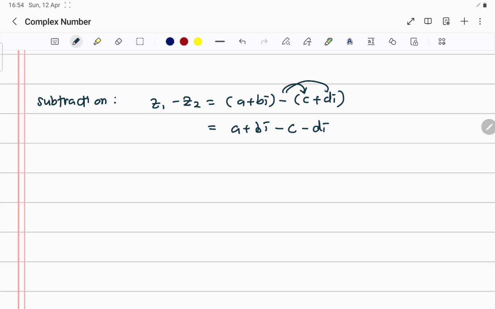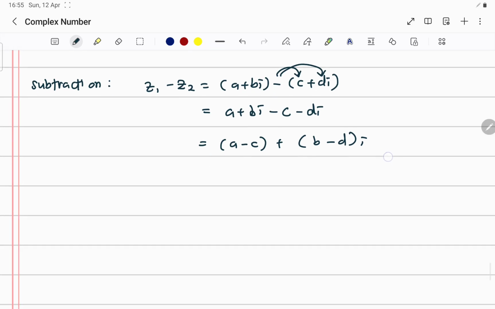Remember to expand it properly with the sign. Then make sure you put the real part together and the imaginary part together as well. So A minus C plus B minus D, I. So that is how you can do subtraction.